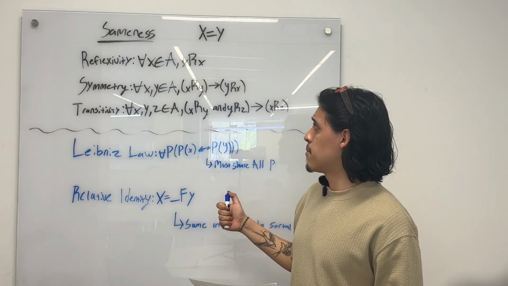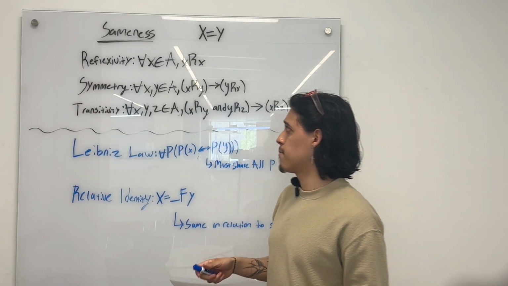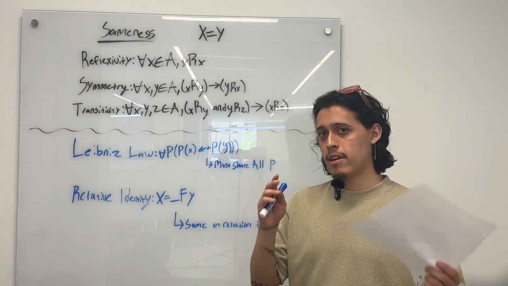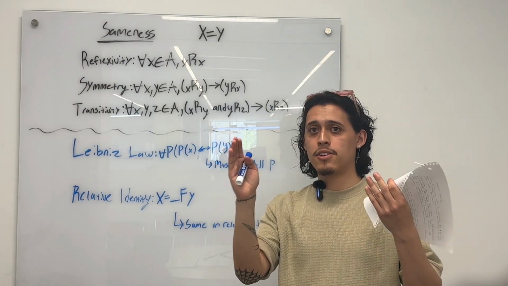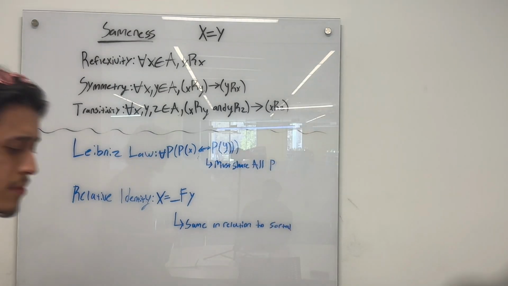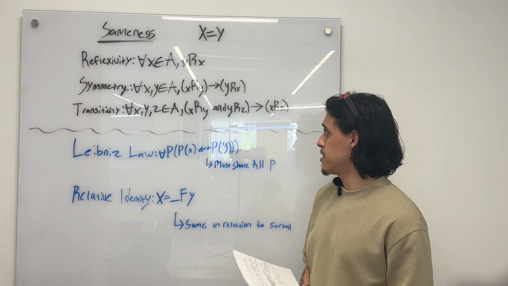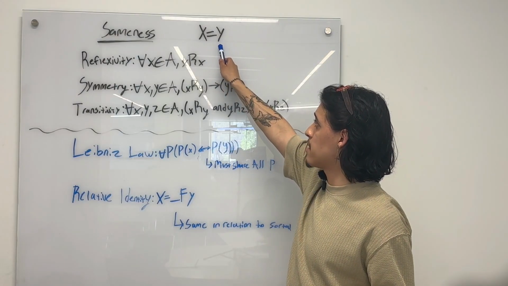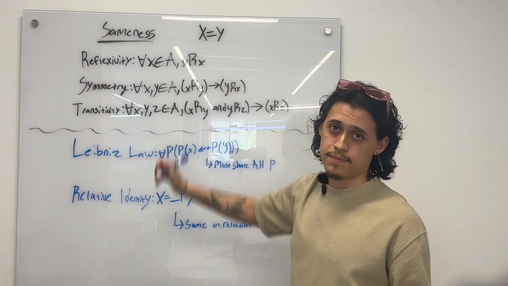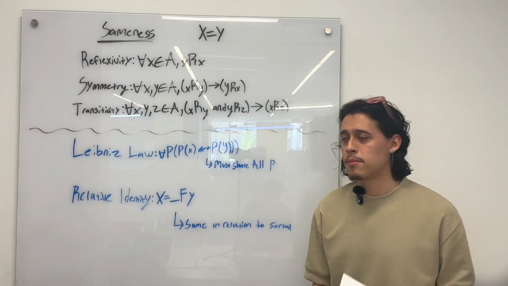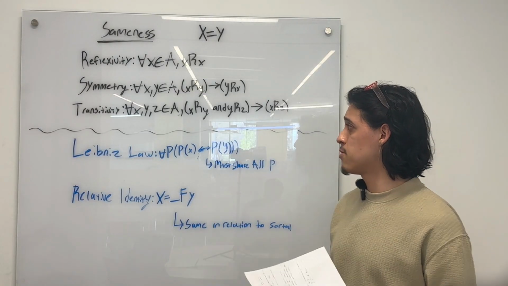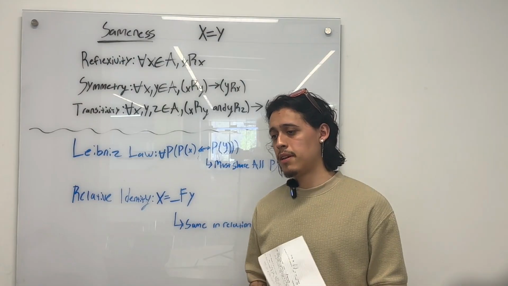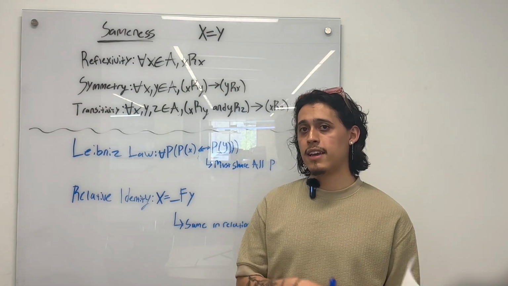Reflexivity is just saying A is identical to itself. If you have A and you have an equal sign and you put A, you could swap them, right? And symmetry is saying that if X is equal to Y, then Y is equal to X. And transitivity is probably the one you're most familiar with. Basically, it's saying that if A is identical to B, and B is identical to C, then A is identical to C.